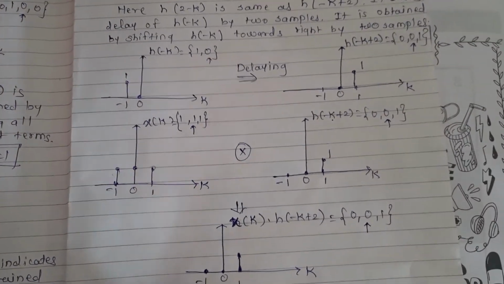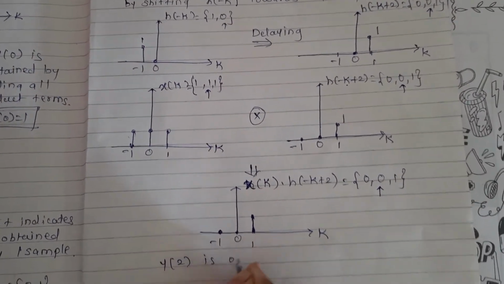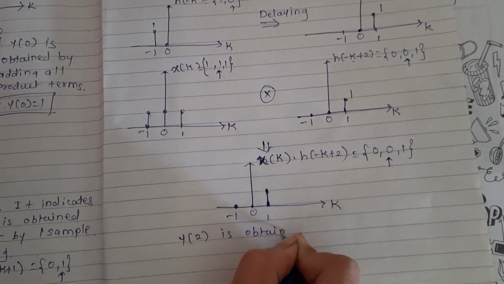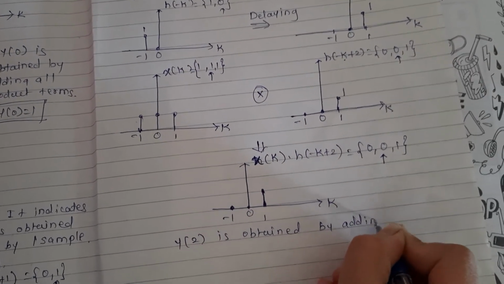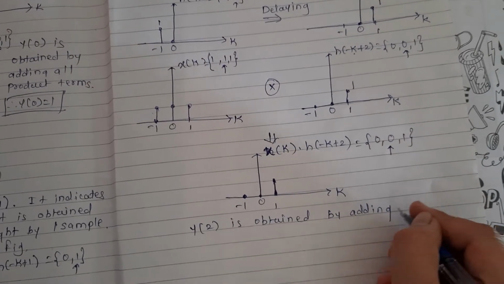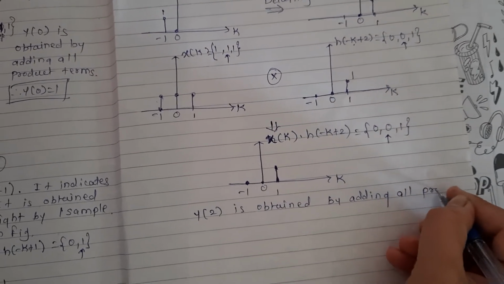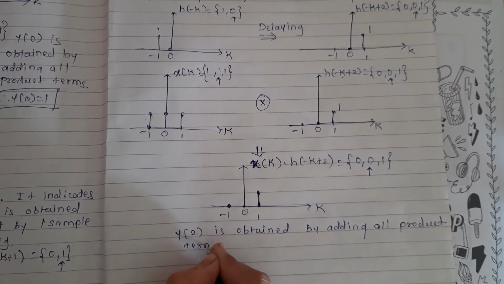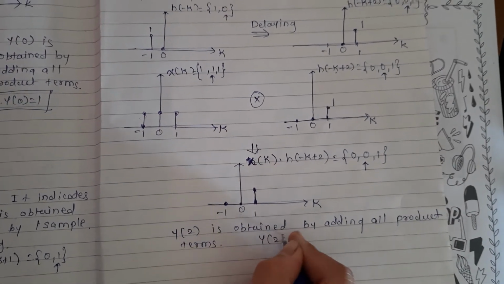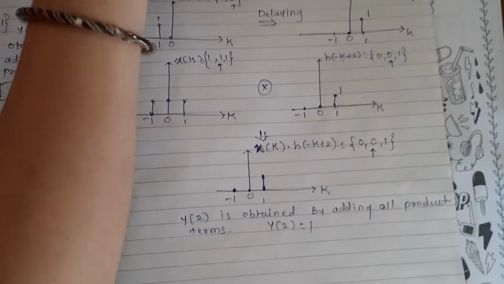So we write here y of 2 is obtained by adding all product terms. So y of 2 is equal to 1.